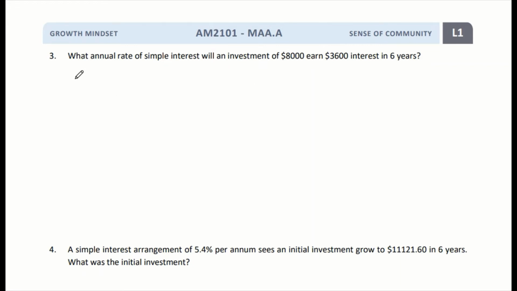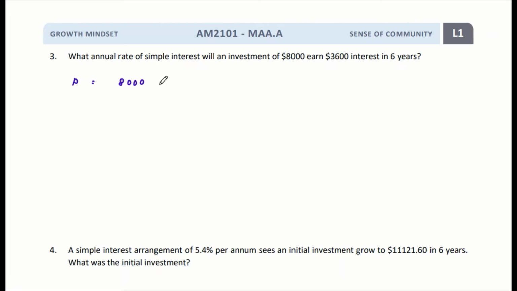So the principal is 8,000. It earns 3,600 interest, so I here is 3,600. The time period is 6 years. And the question asks, what is the simple interest rate annually? So what is our R?